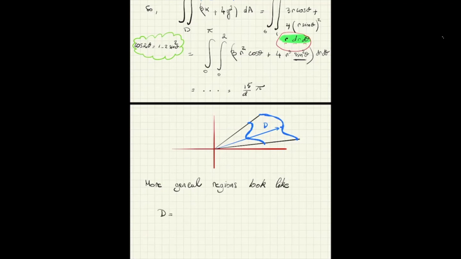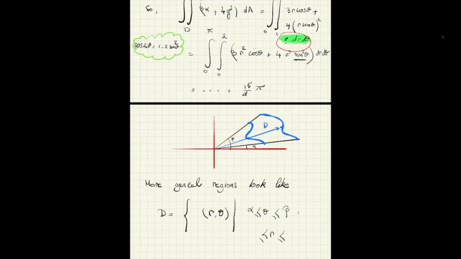D is still described as a couple r, theta, just that theta will be allowed to vary. For example, if this one is alpha and this one is beta, theta will be allowed to vary from alpha to beta, but the only difference is once you fix theta, r does not have the same boundary as in the rectangle case.